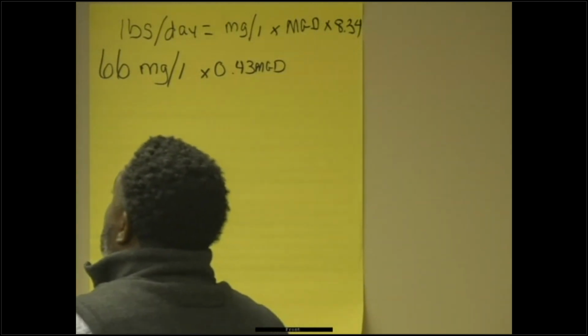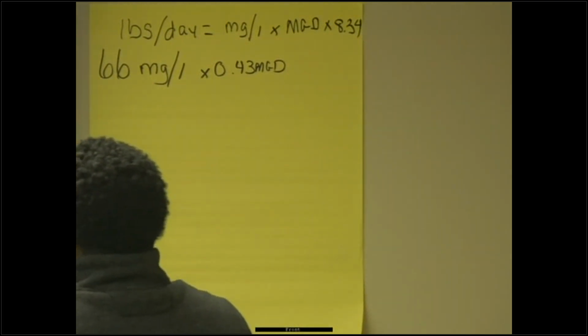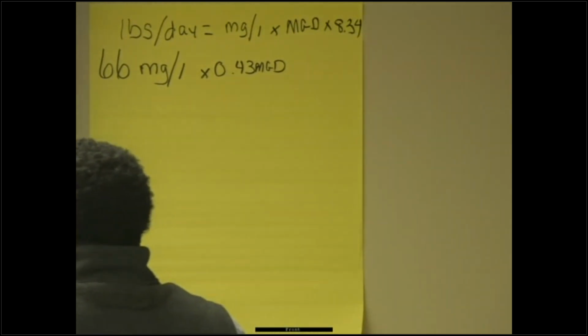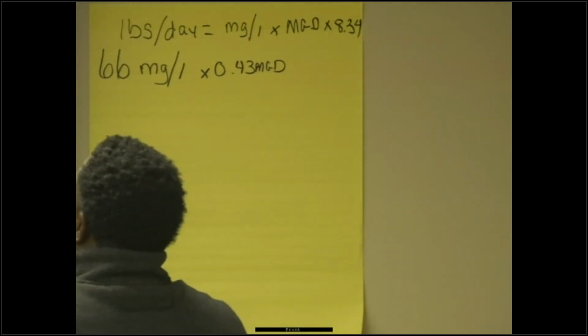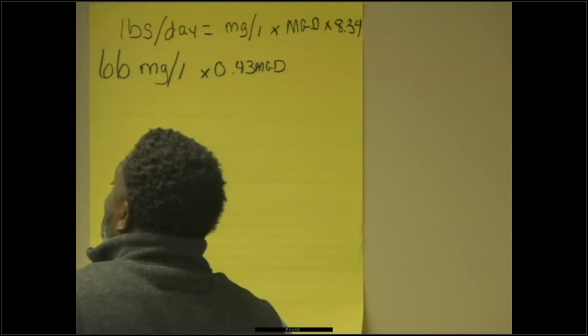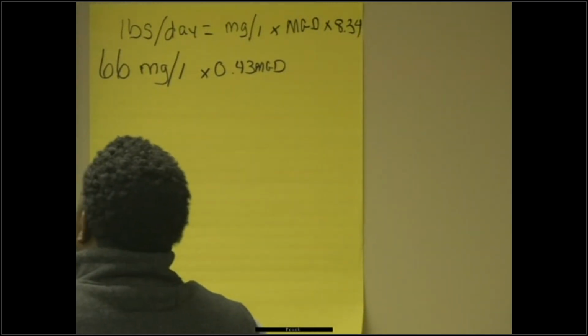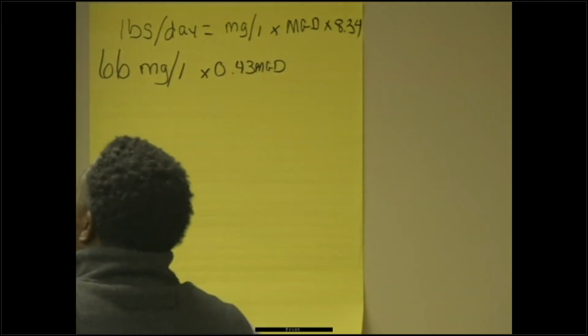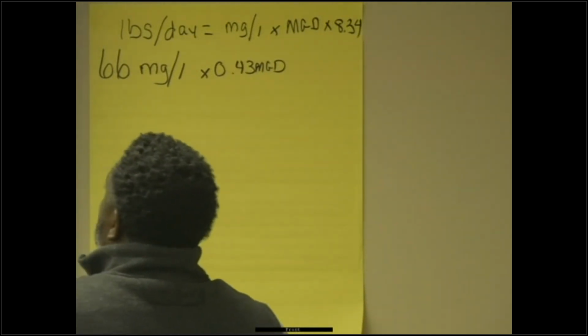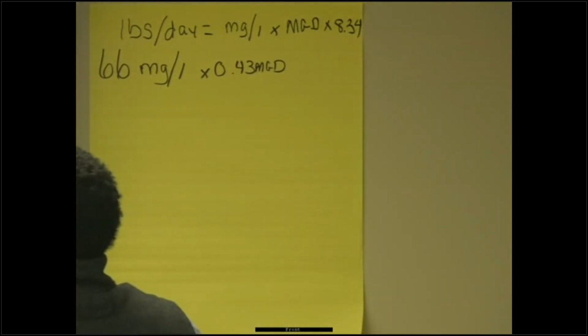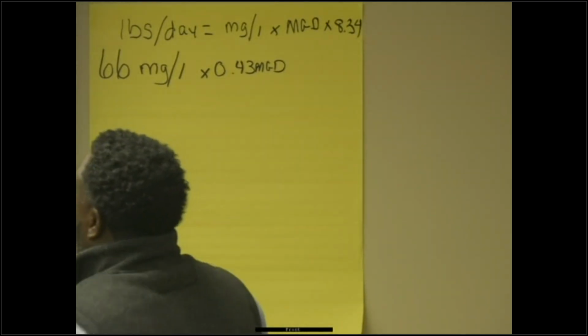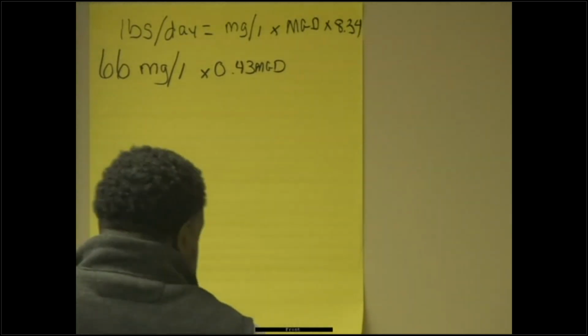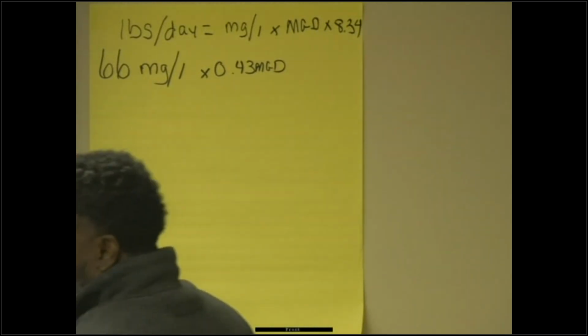So pounds per day equals the concentration in milligrams per liter. I'll mention this to you, your concentration may also be given to you from time to time in parts per million. So for the purpose of this discussion, we're going to consider parts per million and milligrams per liter to be interchangeable. So our 66 milligrams per liter equals our concentration.